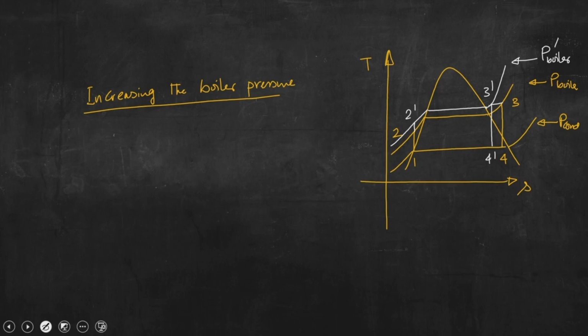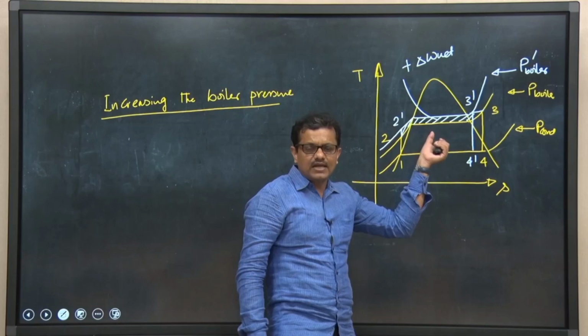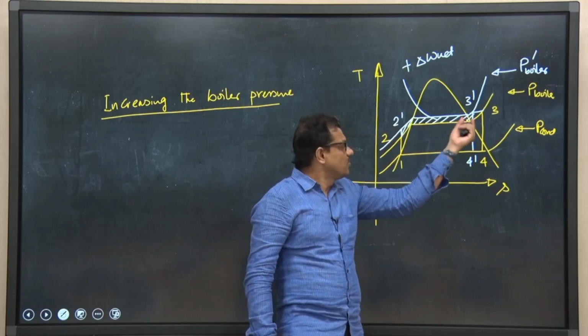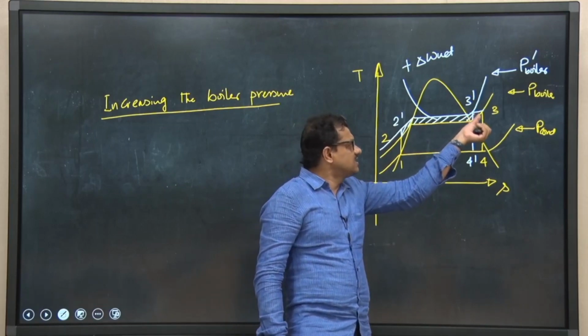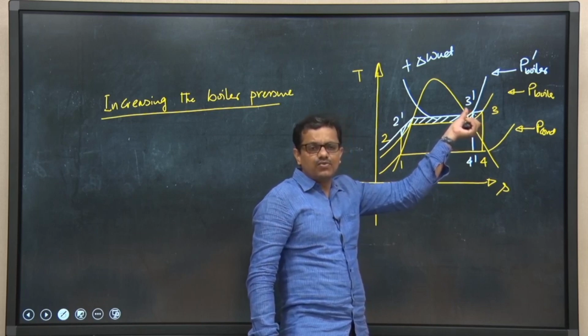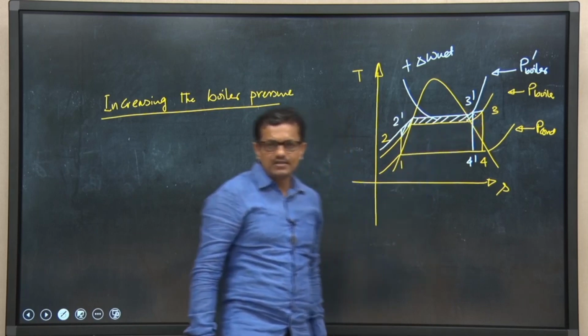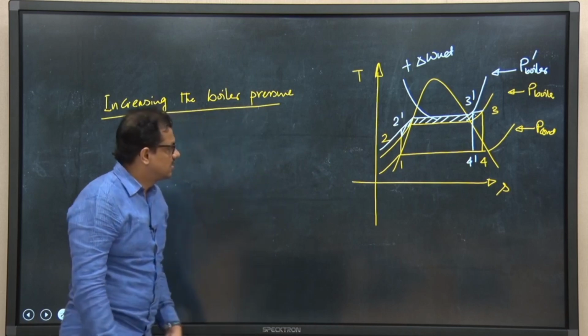So, what are we going to have? We are going to have an additional amount of W net, that is the hashed portion. So, this is plus delta W net. If we increase boiler pressure, that means if we allow the boiler to operate at a higher pressure, we can achieve this additional amount of heat that we used to get by superheating steam in the earlier case.